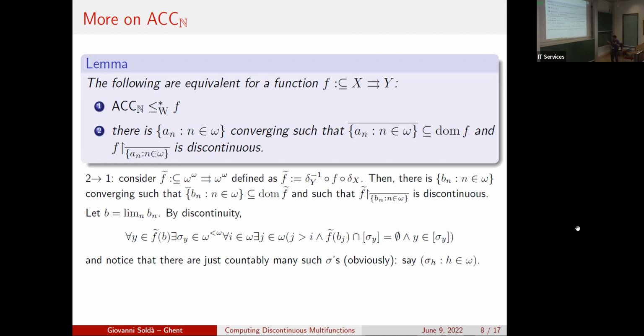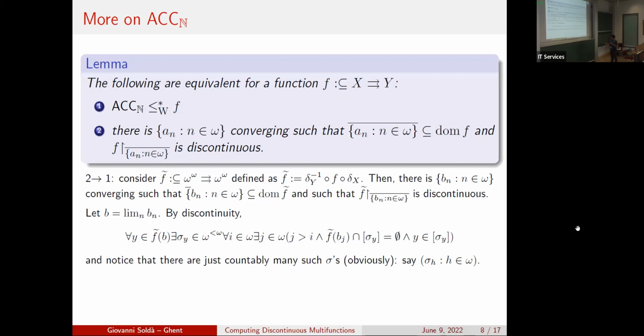And why is that the case? Because if it wasn't, if you had even one real in f of b such that for every subsequence of your original sequence you can hit it with something, then you could use this fact to build a continuous realizer, right? And this is exactly what you don't want.